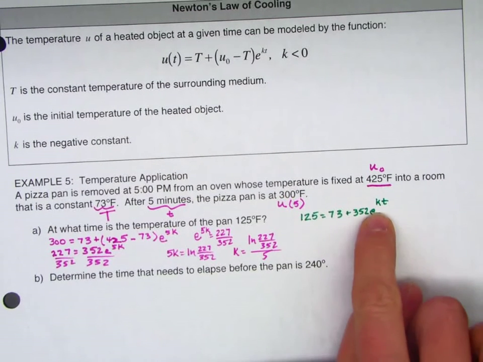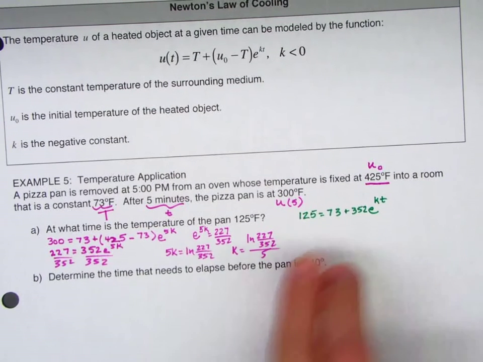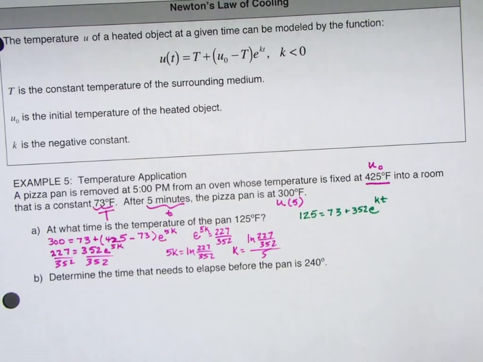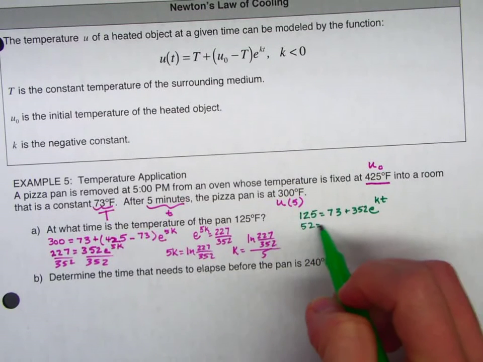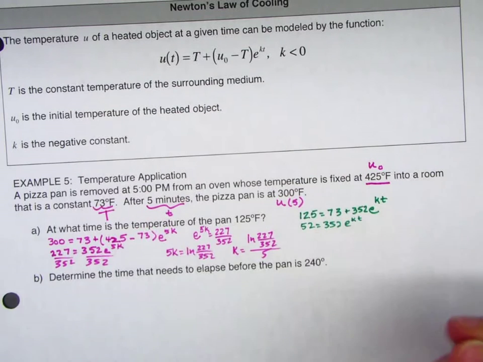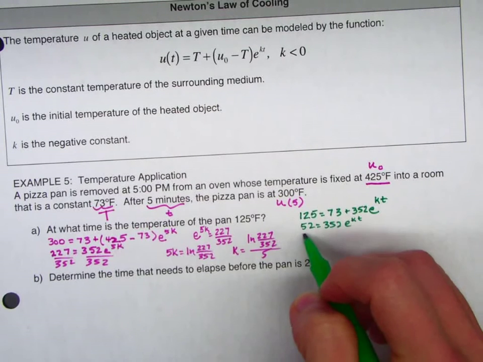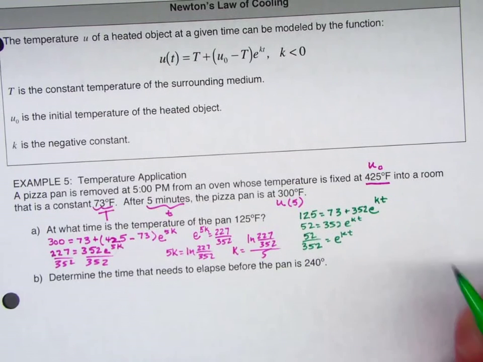Okay, so I know k though, so k here is a known value. All right, how do I solve? What do we do first? Subtract the 73, good. So then we get 52 equals 352 e to the kt. Next, divide. So 52 over 352 equals e to the kt.